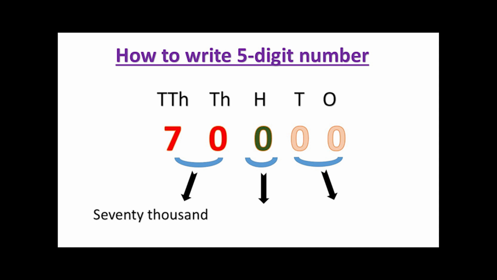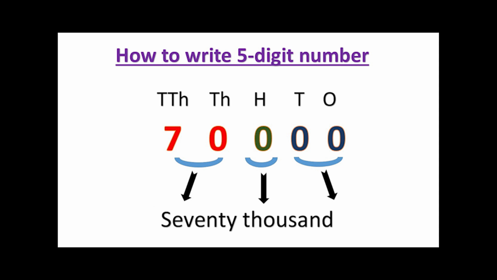But we know that we don't write anything. And again, in the third part, we have 20. So that 00 gives us 0. So here again, we don't write anything. So this number will be 70,000. It is read as 70,000.